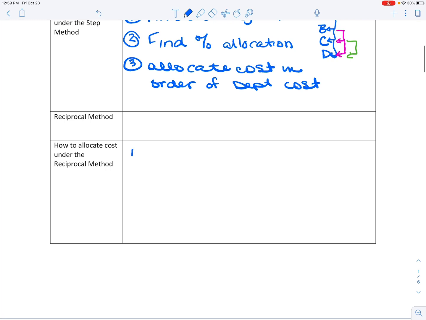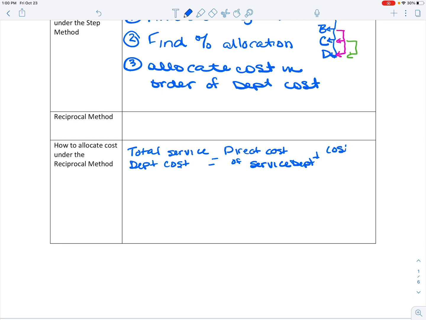So there's one equation to know, and that's your total service department cost is equal to your direct cost of this one service department plus your costs allocated.